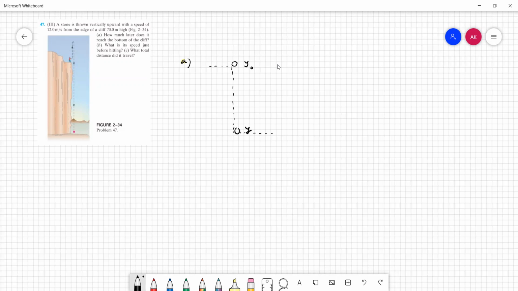We really don't need to know the distances it travels in the upward direction. All we need is the initial position, the final position, and which direction initially the stone was thrown. Upward.